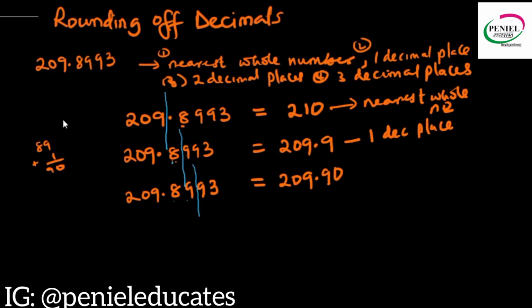If for example this is 86, let's say we have 209.86 and 93 here.